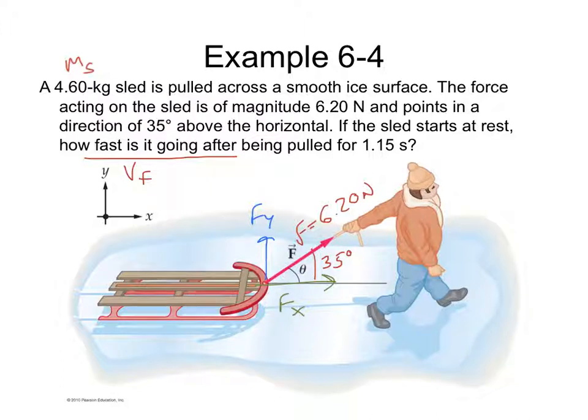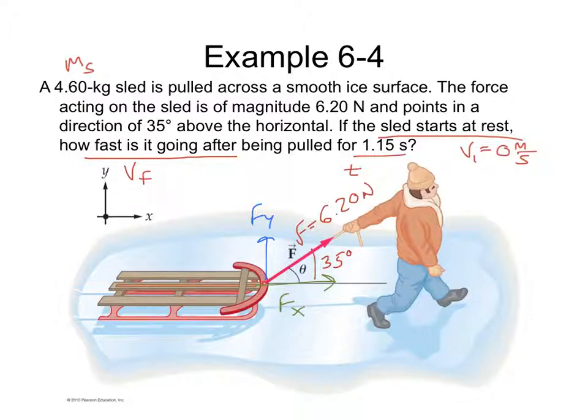Now, you guys remember from kinematics that if you see something like this, starting from rest, that means the initial velocity is 0 meters per second. And as it changes its velocity over a period of time, it has a final velocity. And so what we're going to have to do is bring in our knowledge of kinematics with our knowledge of Newton's second law.